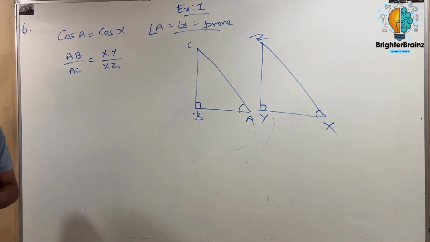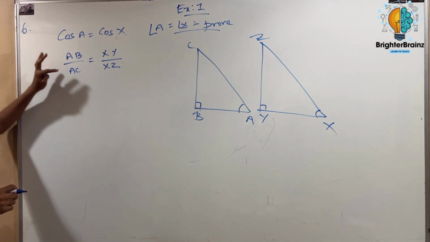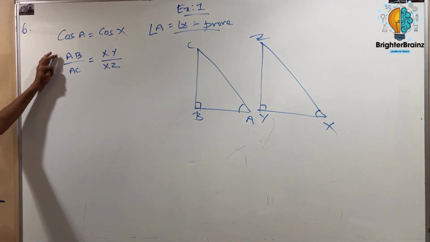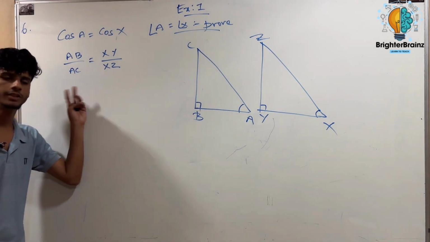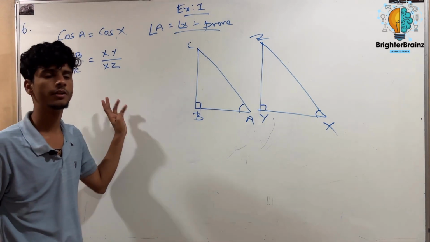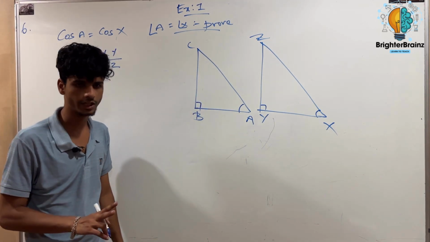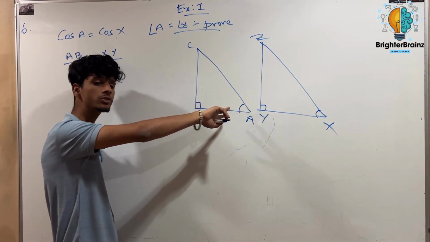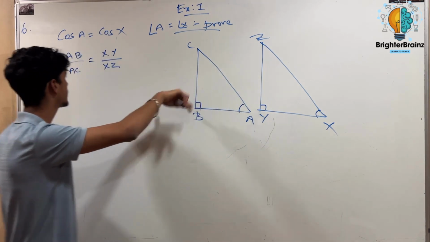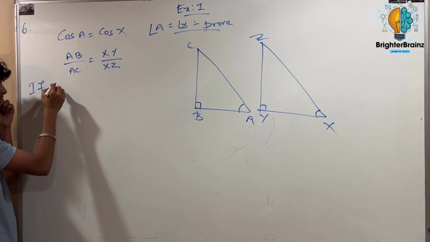Here we know a property: if two sides of two triangles are in the same proportion, then their corresponding angles will be equal. Wait, let me write the statement.